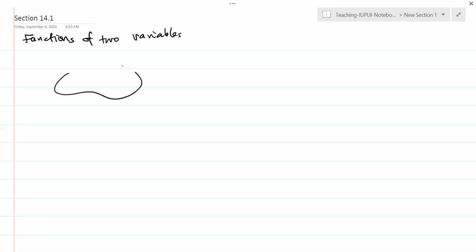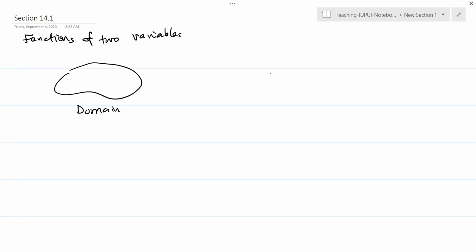So here's a set. This is called the domain. Now this could be a set in two-dimensional space, or an interval in a one-dimensional coordinate line.